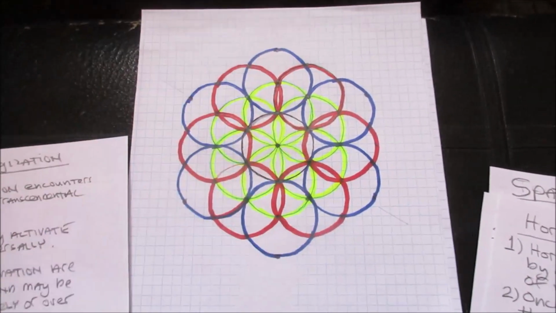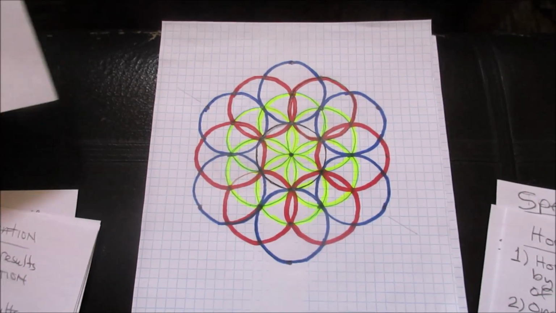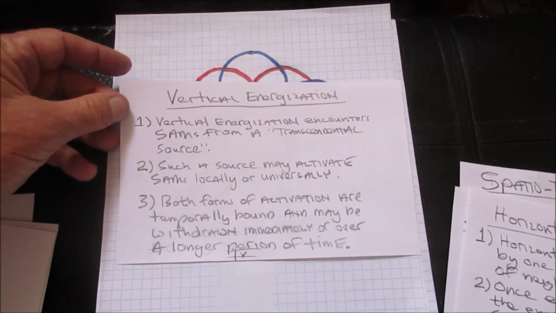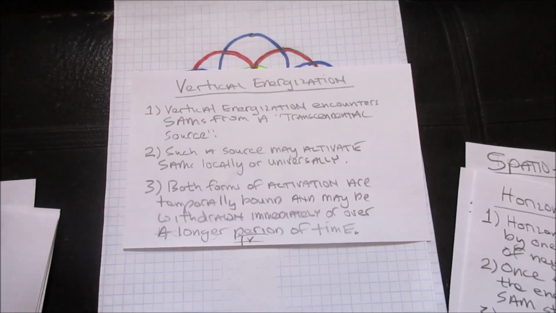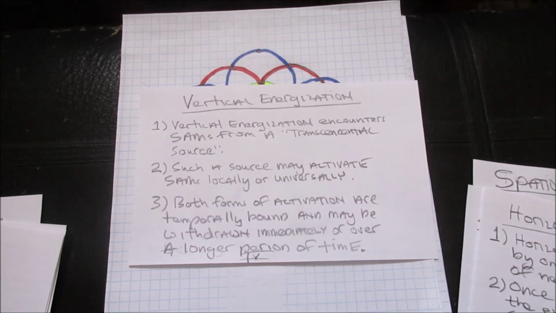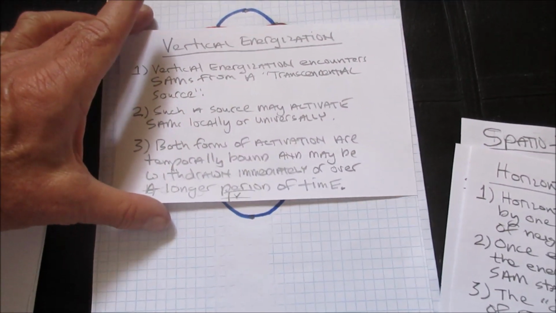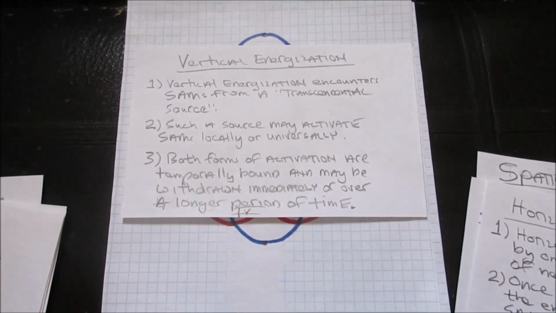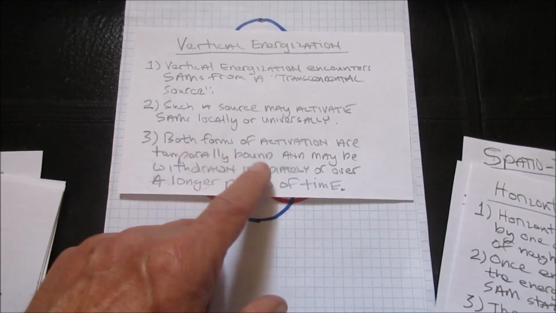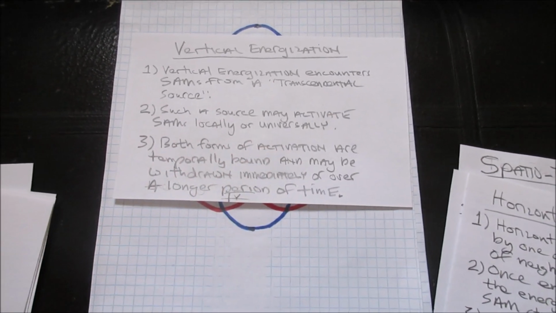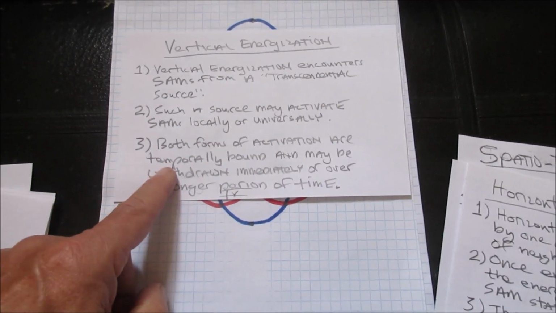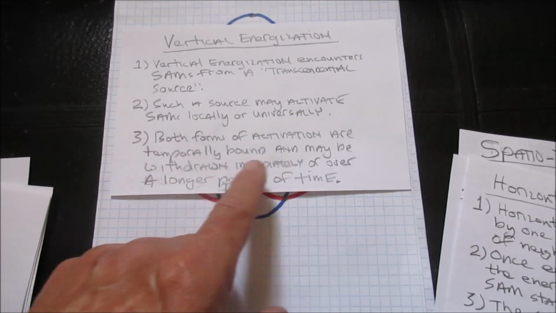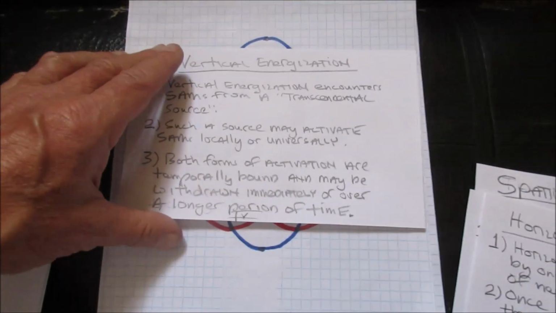But there is a form of transcendental source of vertical energization that could happen over any range and for any given period of time. So we're just going to say they could be very local or universal in form. Both forms of vertical activization are temporally bound and may be withdrawn immediately or over a longer period of time.